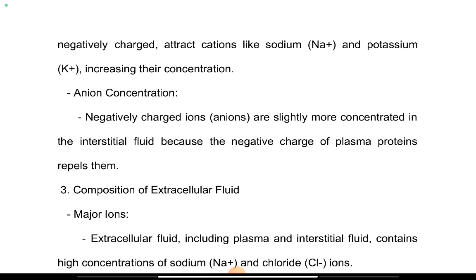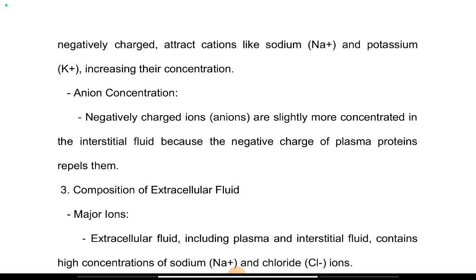Meaning that any value we get for sodium in terms of osmolality can serve as a fair representation of the osmolarity of the plasma, because they constitute the major ions. However, in intracellular fluid, potassium constitutes about 50%.